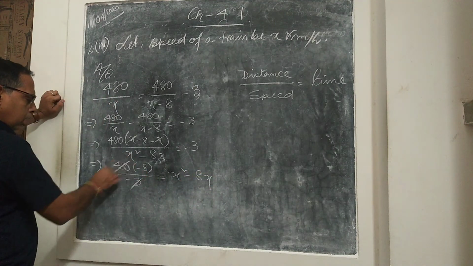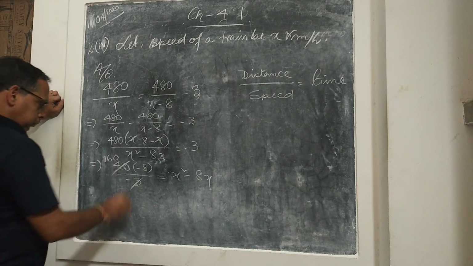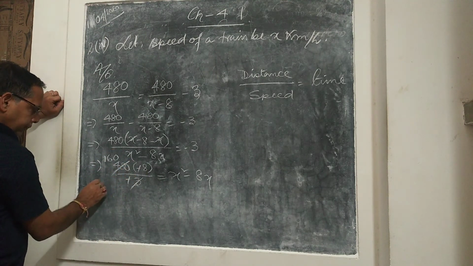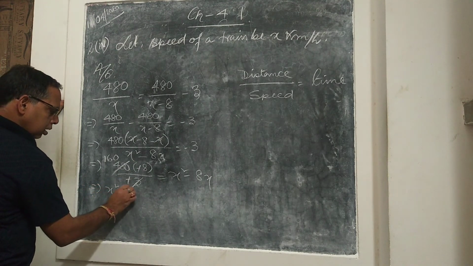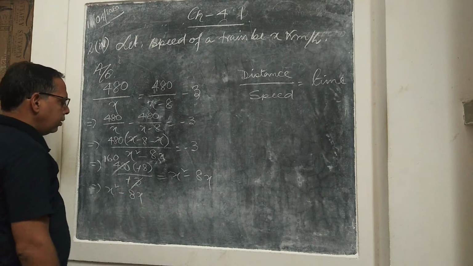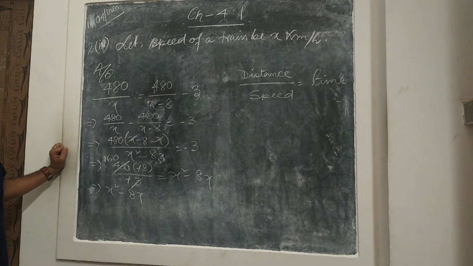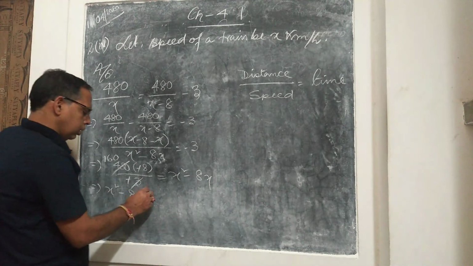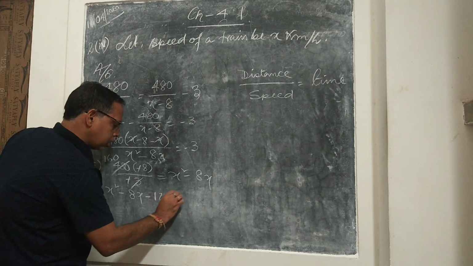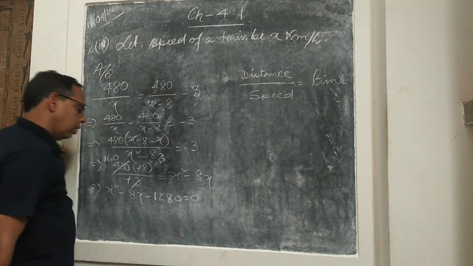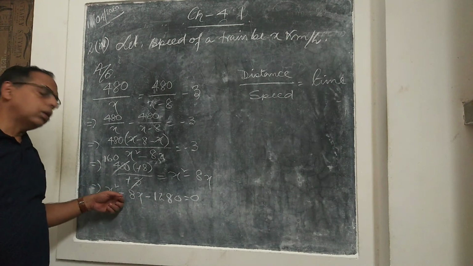So 3 and 480 cancel, it will be 160, the minus will be cancelled. So ultimately x square minus 8x, then 160 times 8 is 1280, so x square minus 8x minus 1280 equals 0.